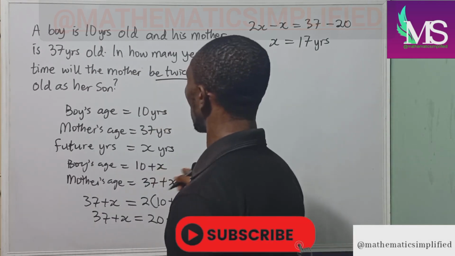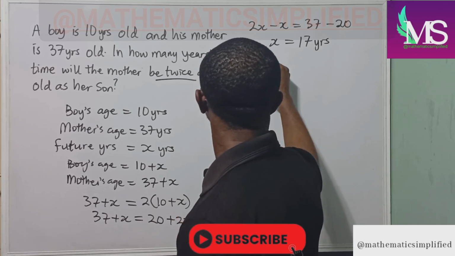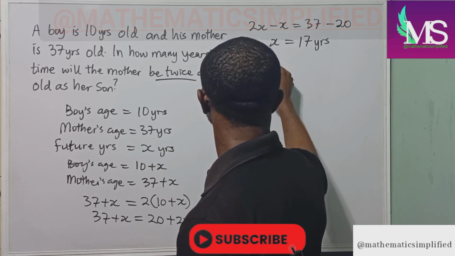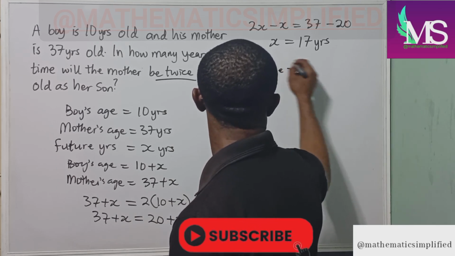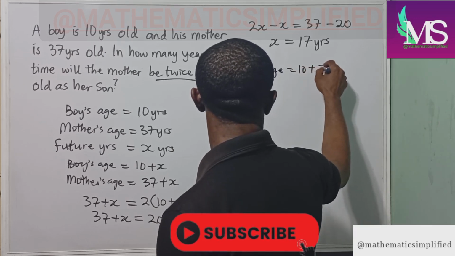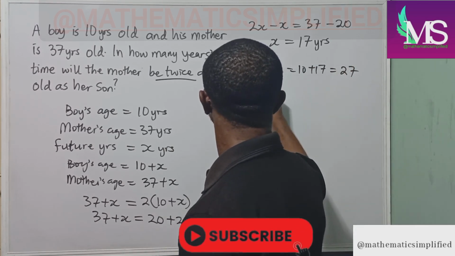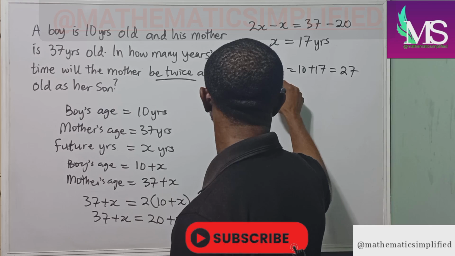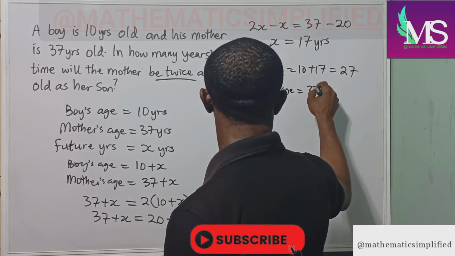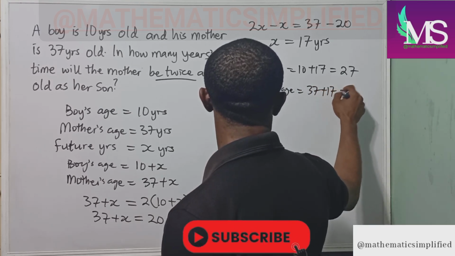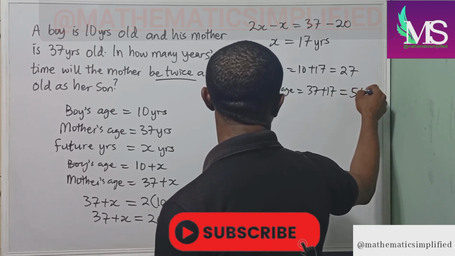Now, the boy's future age would be 10 plus 17, which gives us 27. And the mother's age would be 37 plus 17, which gives us 54.